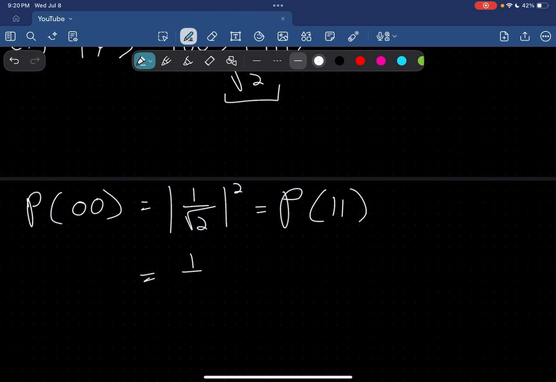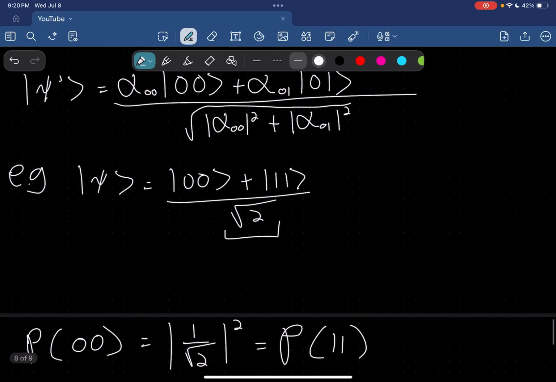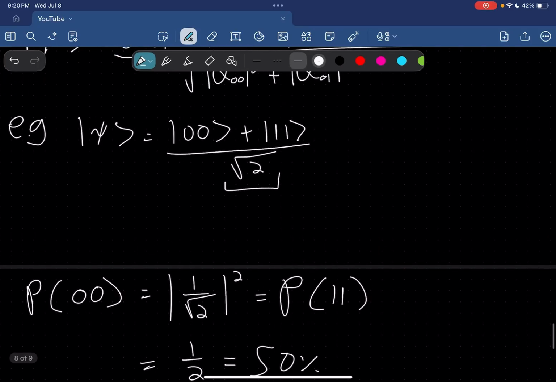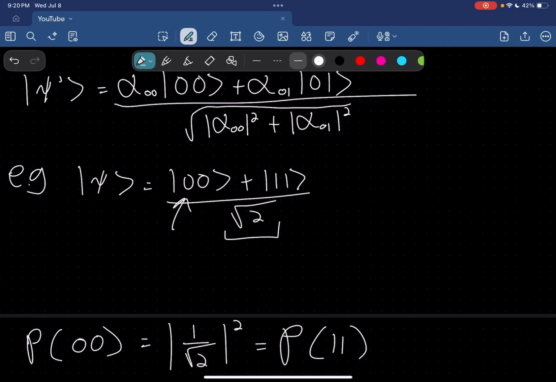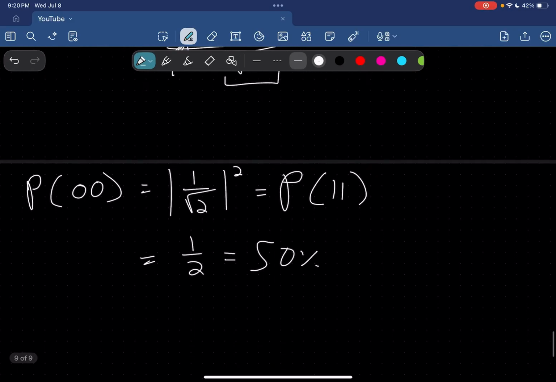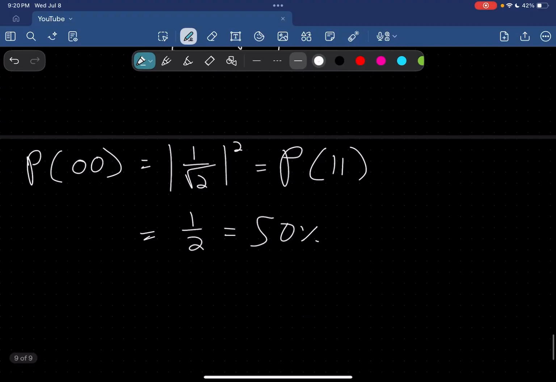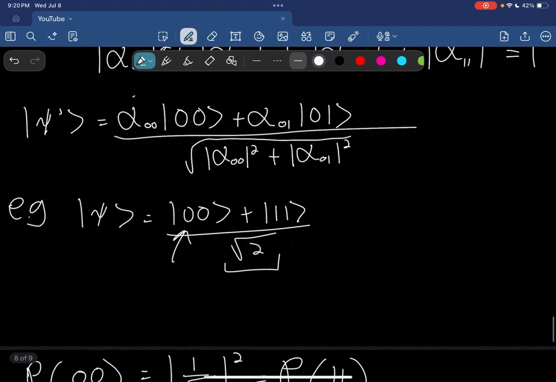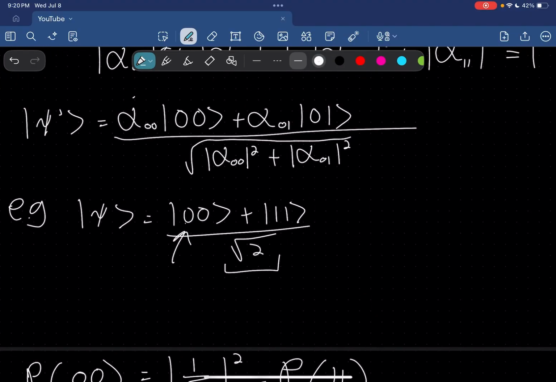That's simply 1 over 2, which is 50%. But look, if we only measure the first qubit, we immediately know what the second qubit is going to be. Because if we measure a 0, the only other possible outcome is 0.